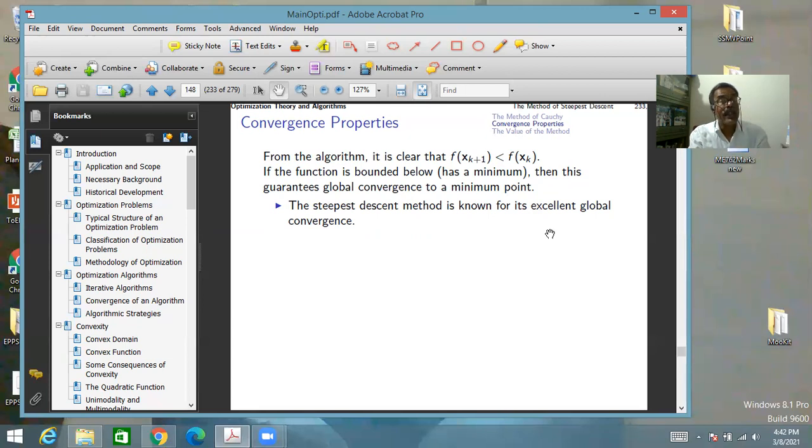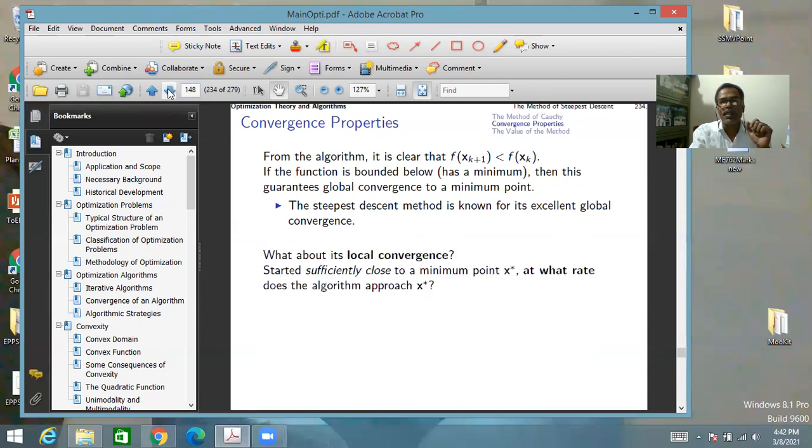In fact, it is very reliable and exemplary so far as global convergence is concerned. We will spend more time in analyzing its local convergence. So, started sufficiently close to a minimum point, at what rate does the algorithm approach it? Linear, quadratic, superlinear, whatever we want to find out.